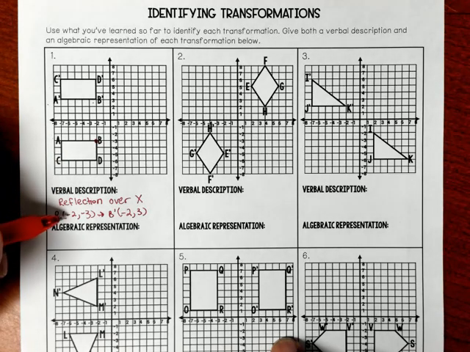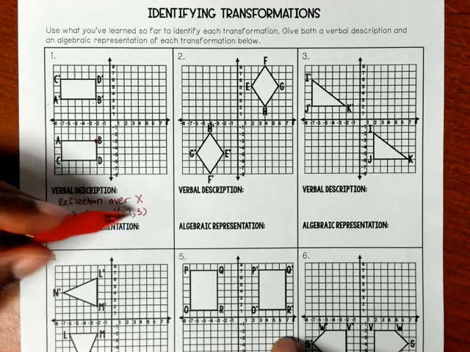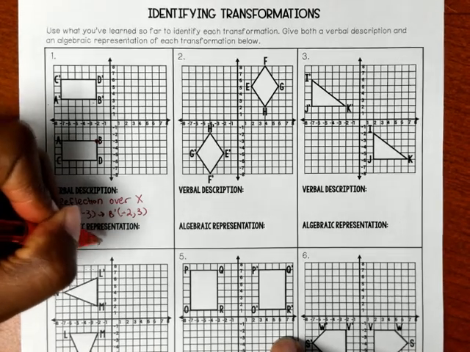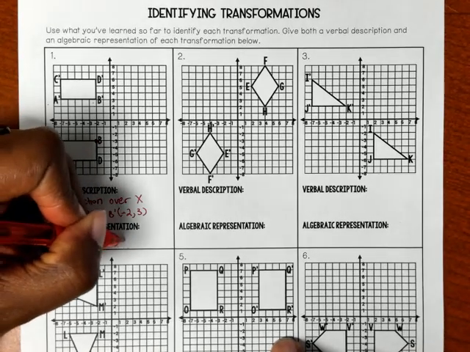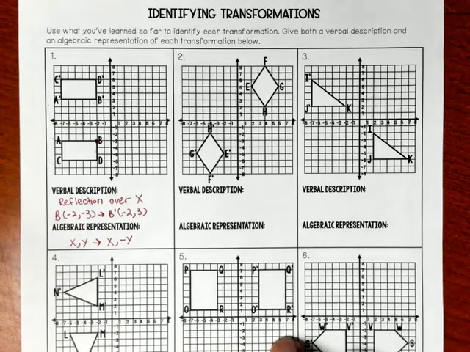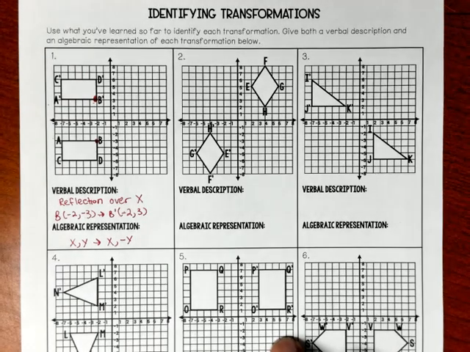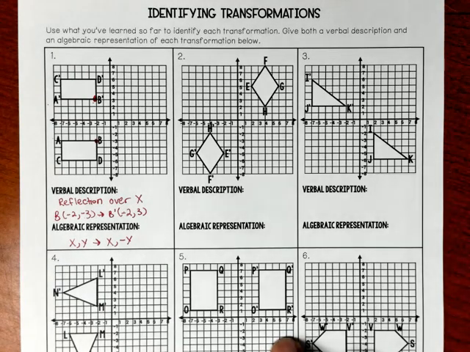So X stayed the same and Y became opposite. So this says (x, y) becomes (x, -y). Okay, so that's how we do that. So we take one point and see what happens from those originals on the figure, and we should be able to figure that out. All right, let's go on to the next one, number 2.